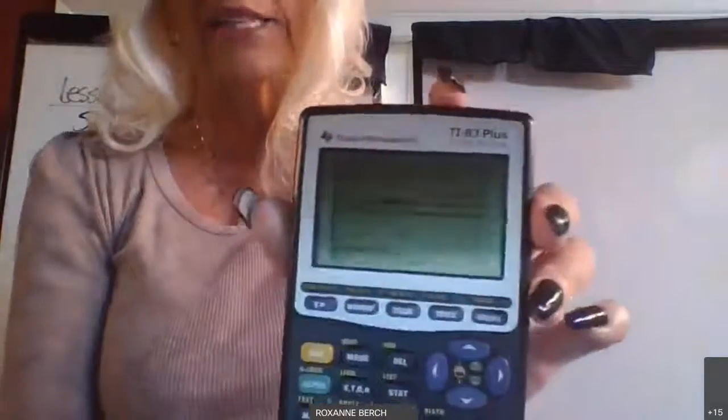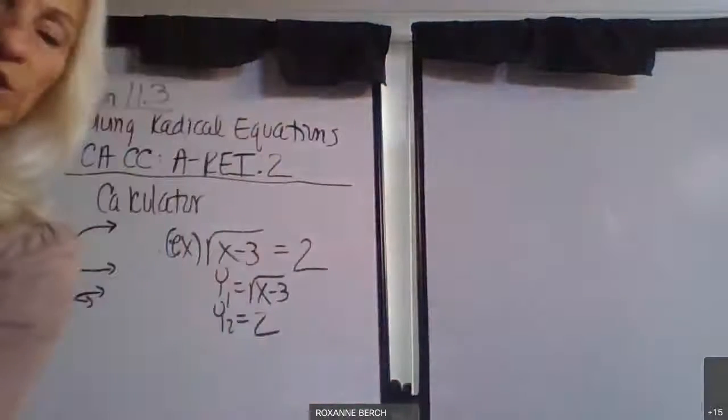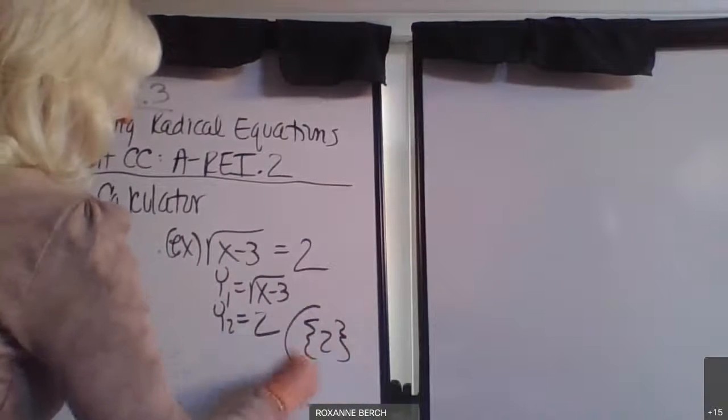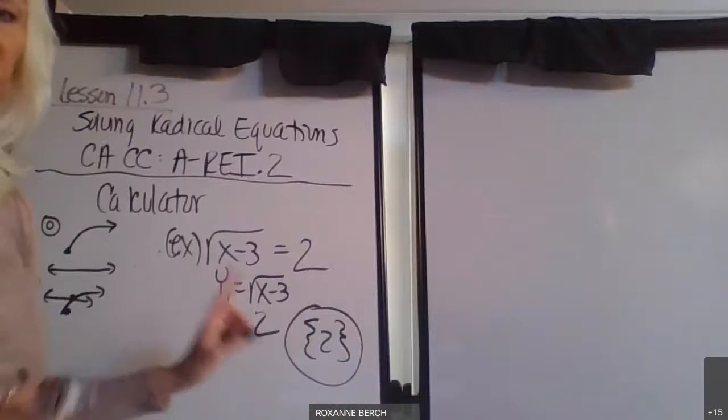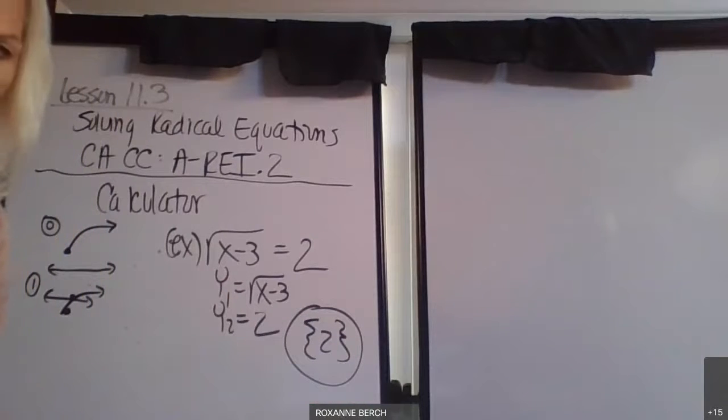And then you're going to hit enter, and you're going to have the calculator guess, and it says the intersection is 2, 2. So that means our solution is 2. In a minute, we're going to do this algebraically, and you're going to see that this is correct.